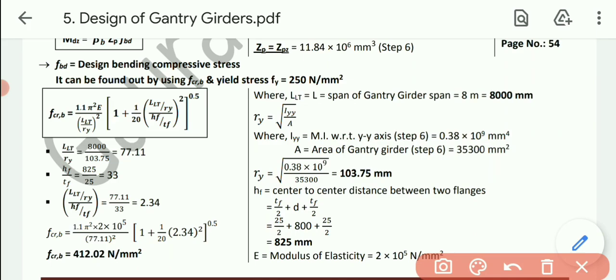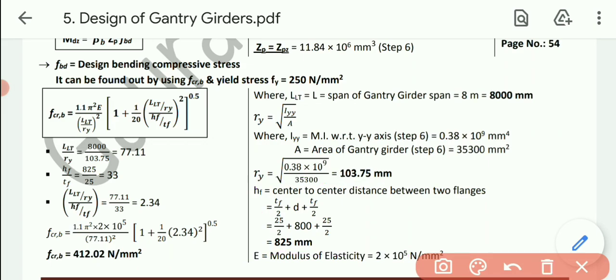So HF is TF by 2 plus depth of web plus TF by 2, that is 25 by 2 plus 800 plus 25 by 2. So ultimately the answer is 825 mm. That's the value of HF.